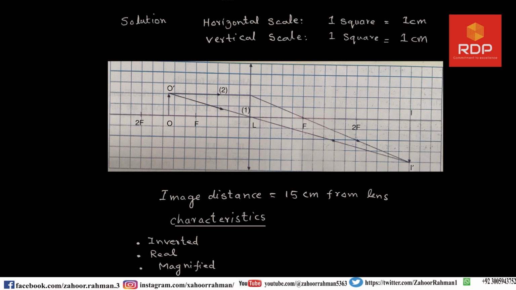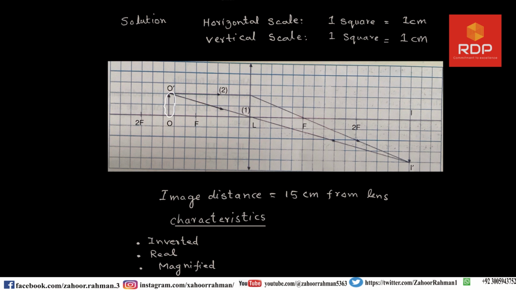So we made a scale here. Horizontal scale is 1 small square representing 1 centimeter. And one vertical square is also representing 1 centimeter. So they gave us the object 2 centimeter high. You can see that there are two small squares.